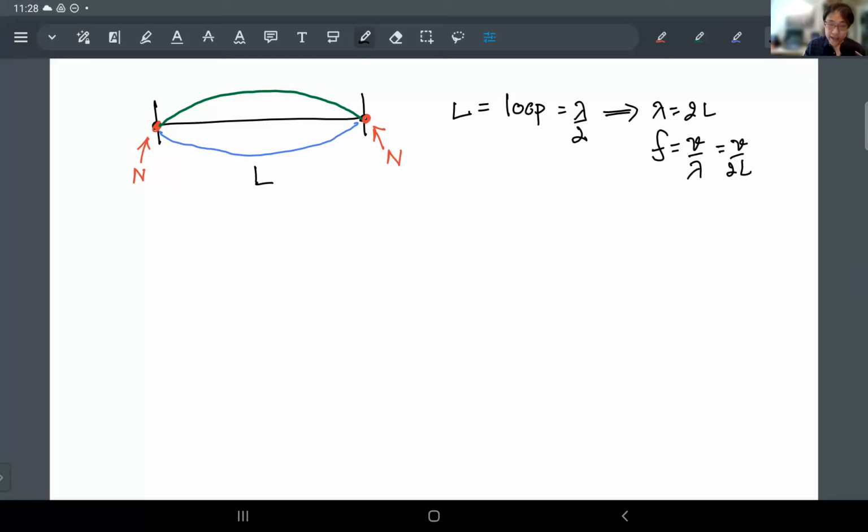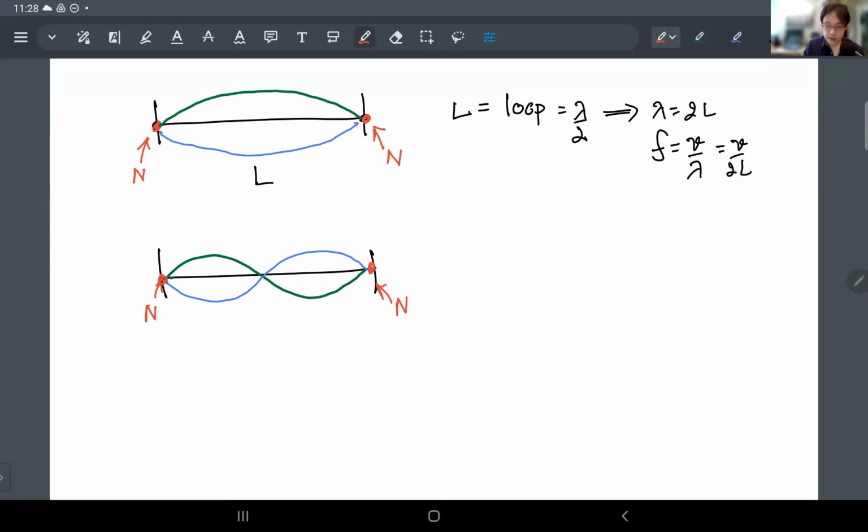All right, and if you want to get the next harmonic in this string, just give it one more twist there. That's what you're going to get. Here we go. So you start from a node and end up at the node right there.